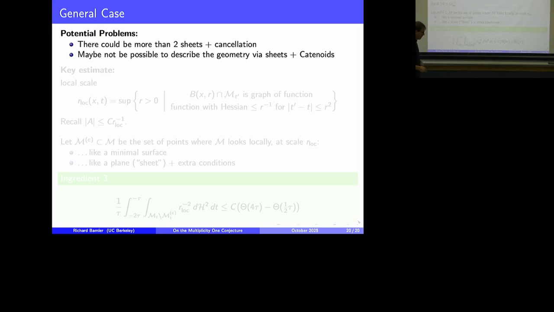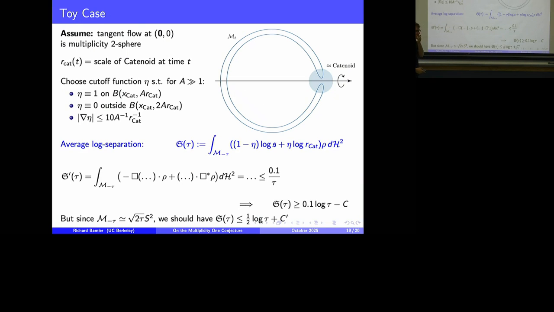Okay, so let me briefly talk about the general case. In the general case, we have to deal with two different issues. Maybe you could just go back for a second. As this thing's evolving, the geometry of the little catenoid piece is sort of changing in some possibly unpredictable way. So how are you controlling the scale of the catenoid? So in this particular example, it doesn't really matter how big our catenoid is.